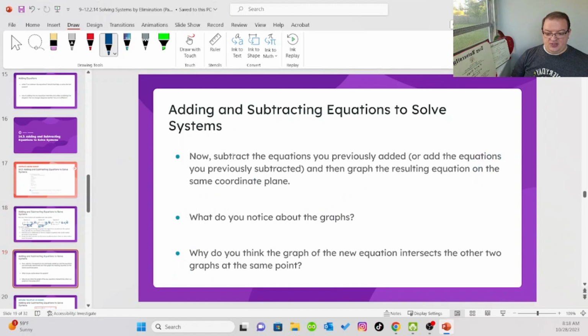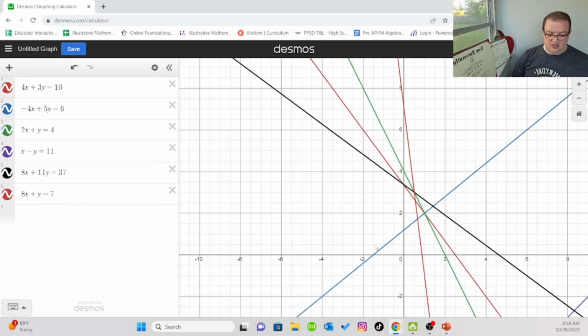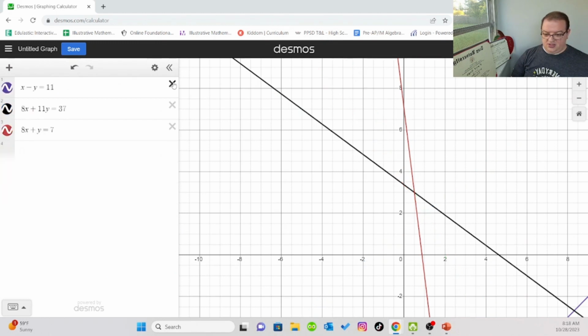It says now subtract the equations you previously added, or add the equations you previously subtracted, and then graph the resulting equation on the same coordinate plane. So let's clear this up.